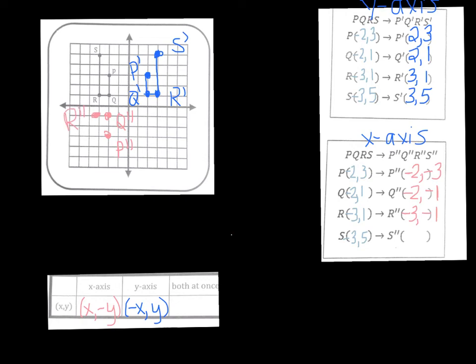Last one, S would be negative 3. And then y would be the opposite, negative 5. So negative 3, negative 5, 1, 2, 3, 4, 5. And then that would be S double prime. So we connect our points here. Not the straightest line, but it'll work. That is reflected over the x-axis.